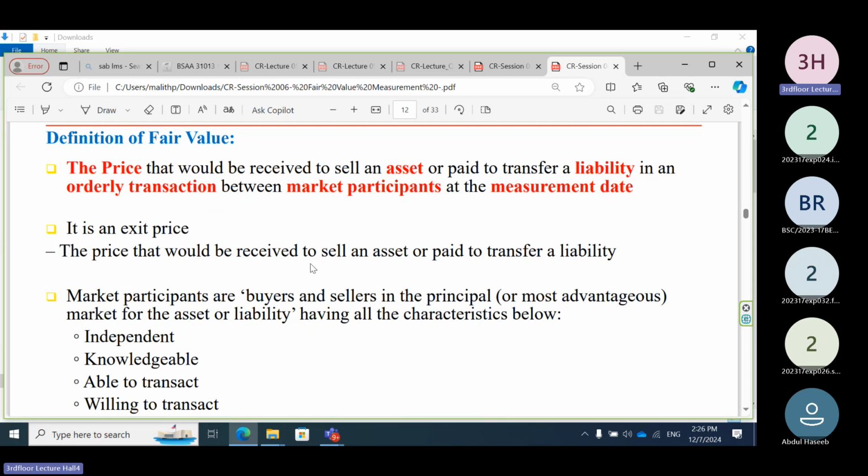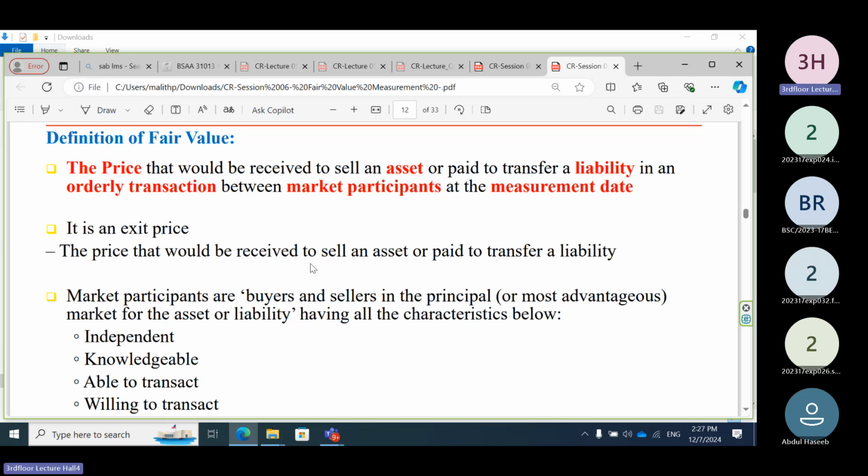Having that understanding, they do the transaction. That is called the fair value. So this third bullet point may be tested in the exam. As the market participant, what are the characteristics, what are the areas fulfilled?